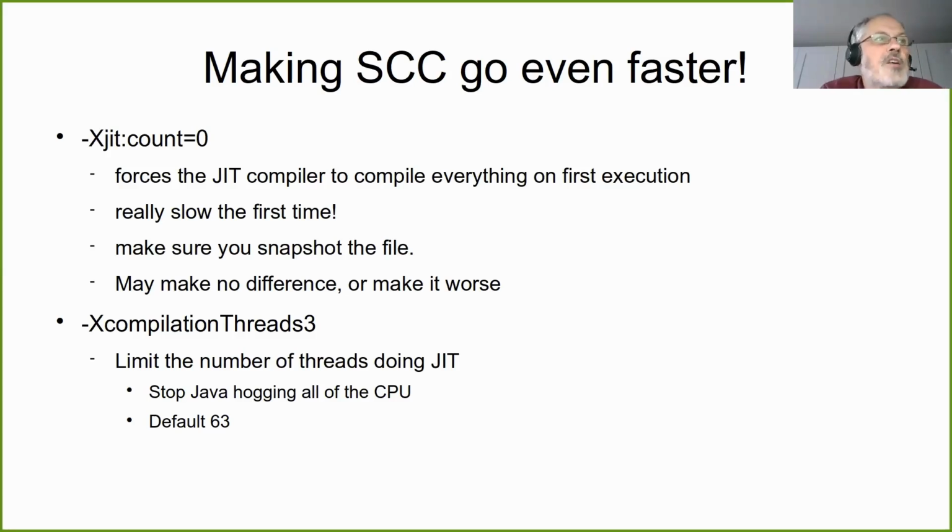So you can actually specify compilation threads, in my case 3, which says only run with 3 threads. Now everything seems to start faster, but it might take longer to get all the code JITted. So it might be worth playing with this option yourself to see the impact on your system. If there's a big impact when you start Java, tweak this down and see if it helps.